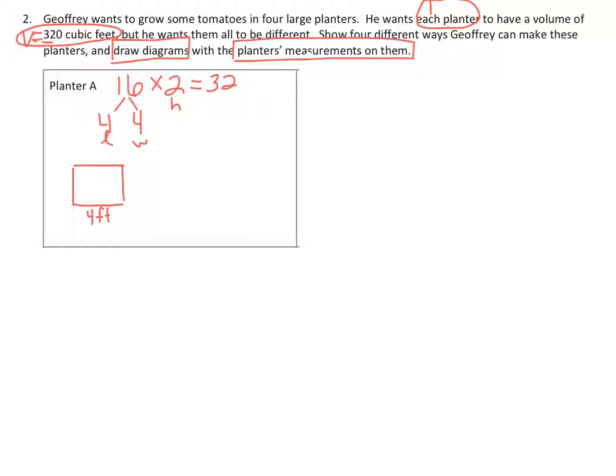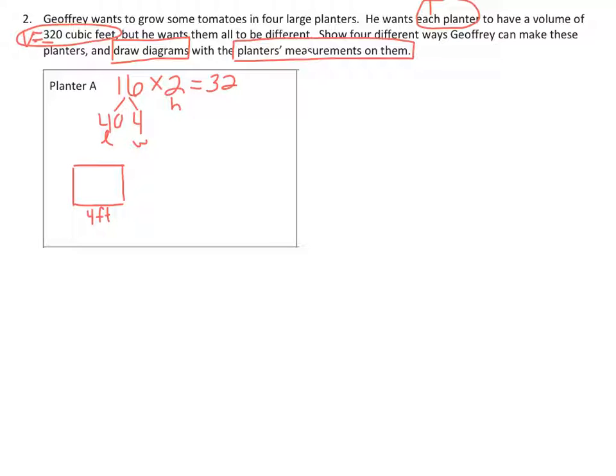Oh, I could do length is 40. 40 times 4 is 160 because 4 times 4 is 16 plus the 0, 160. 160 times 2, so 16 times 2 is 32. Add the 0. Oh, all right. So there we go. So let me fix my problem.